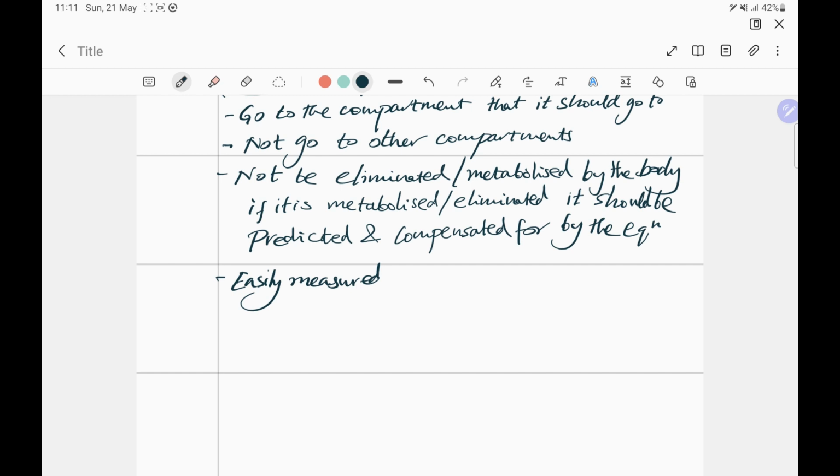All right, and after some time, after the indicator has distributed evenly, that's another important thing: the indicator should distribute evenly in the compartment to be measured.